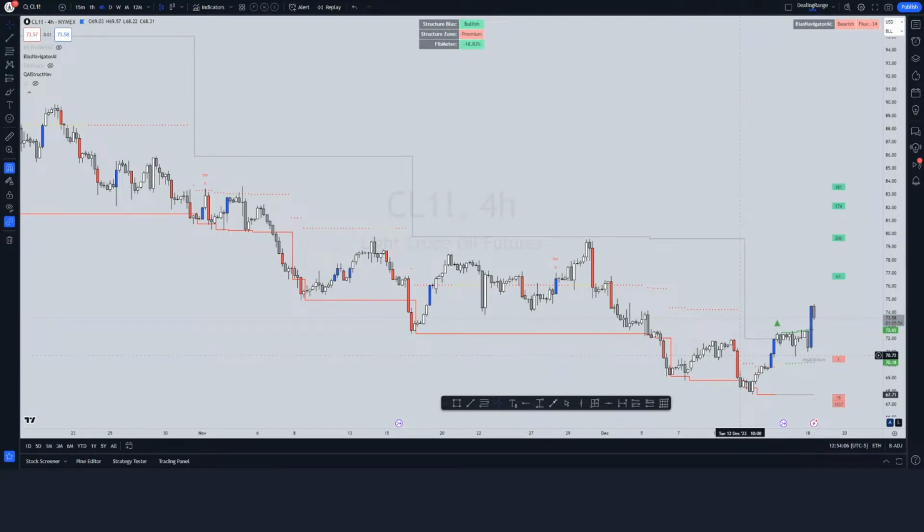So I like that concept. But it also tells you that there's an inefficiency. So price did not trade efficiently or did not offer enough price action in that zone, so what usually happens is price will come back and trade back into that zone before moving higher.